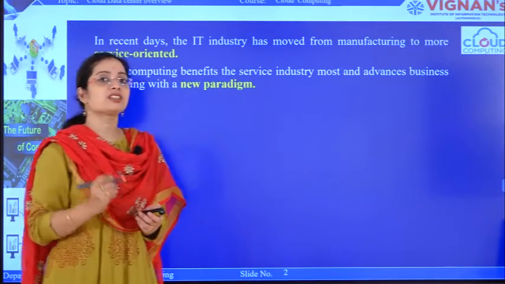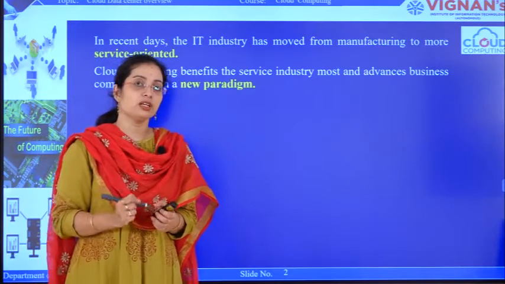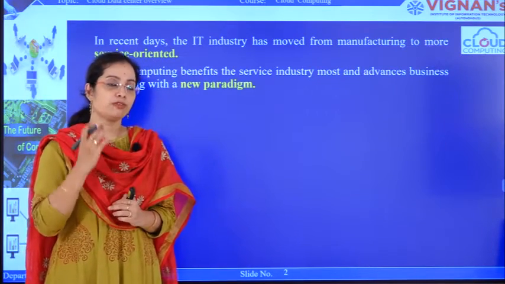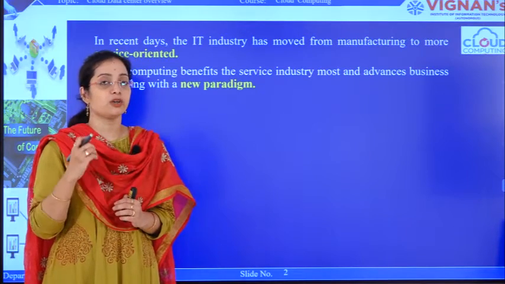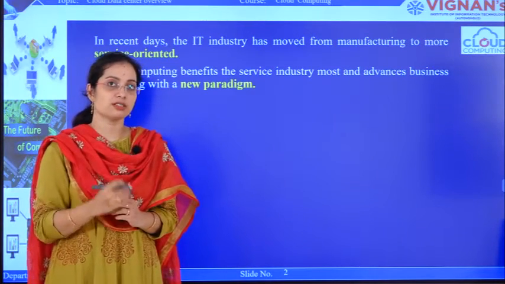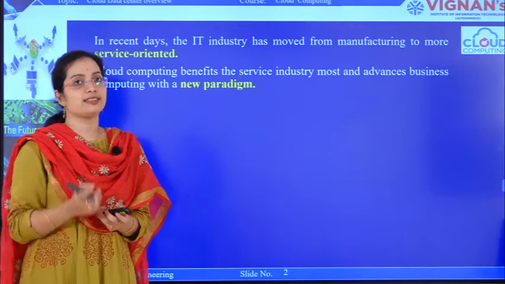The cloud serves the user with the help of remote access to the servers, because we are using the concept of servers at the data centers.